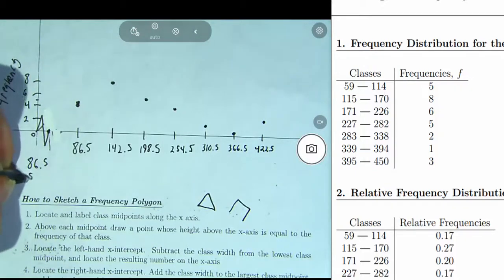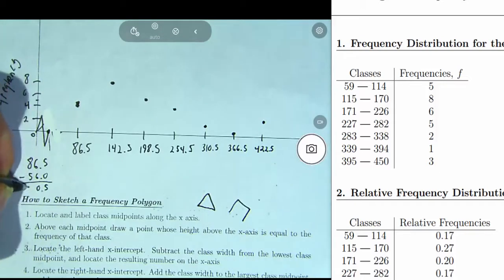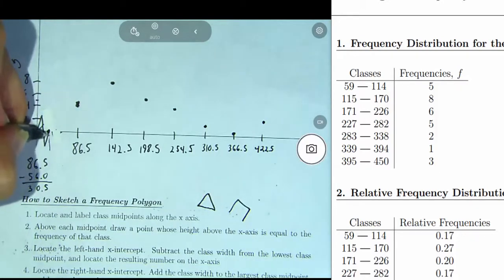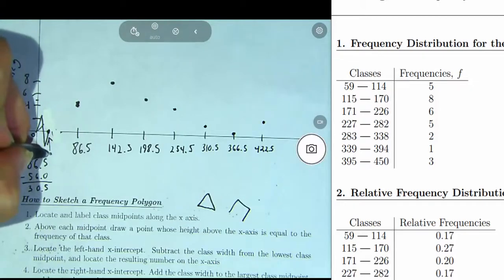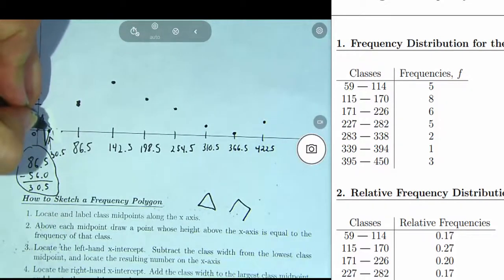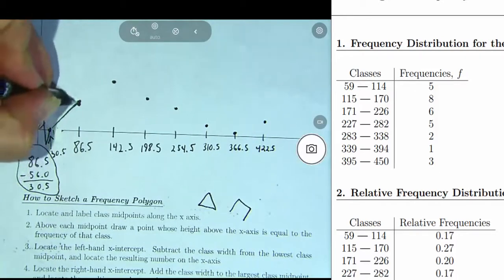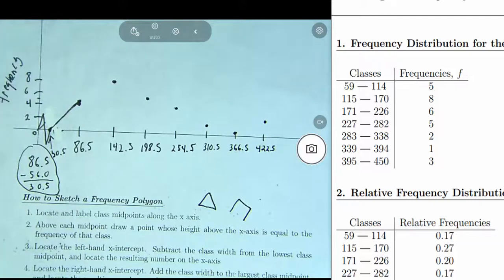So when I subtract 56 from 86.5, I'm going to get 30.5. So this coordinate is at 30.5. And we can go ahead and draw a line segment from that intercept to the first point on our polygon.